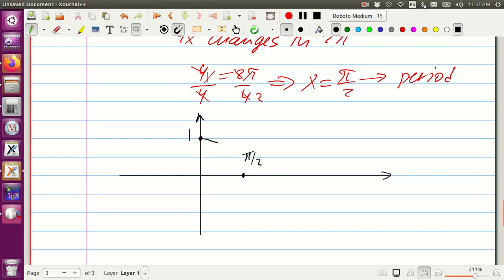So by pi over 2 we reach 0, then by pi we reach -1, then by 3 pi over 2 we come back to 0, and by 2 pi we come back to 1. So that's our graph of cosine, and it keeps going, and it keeps going.